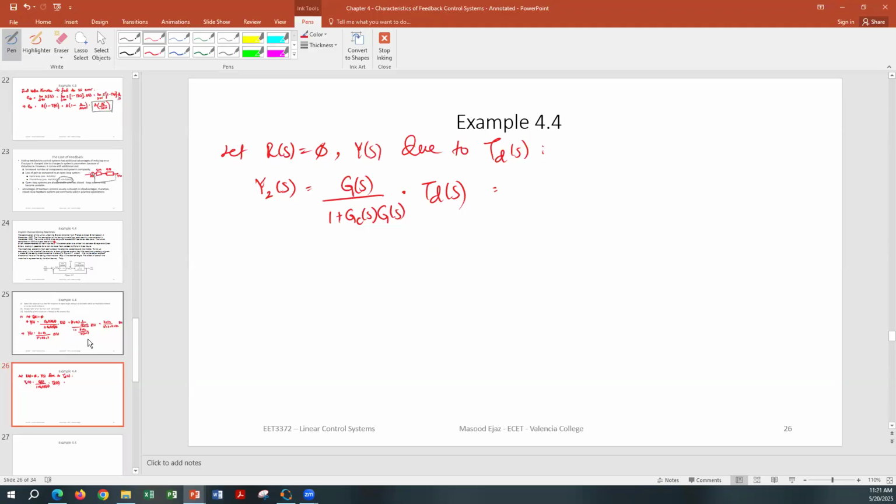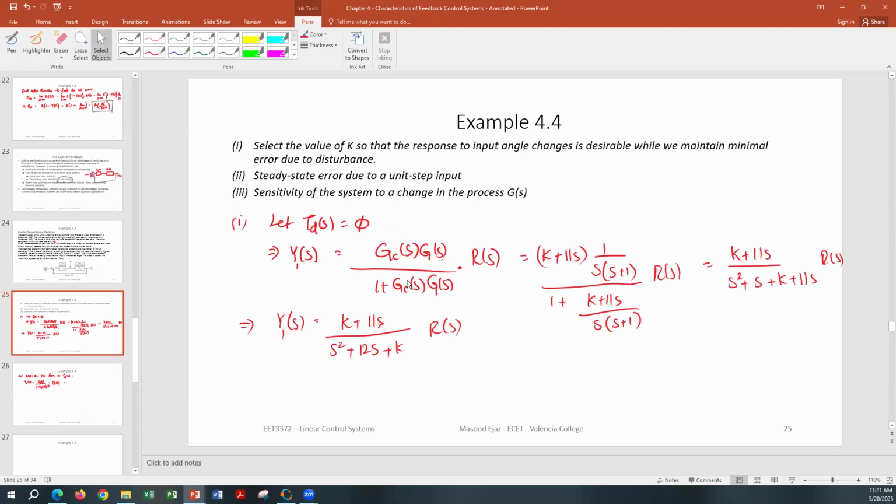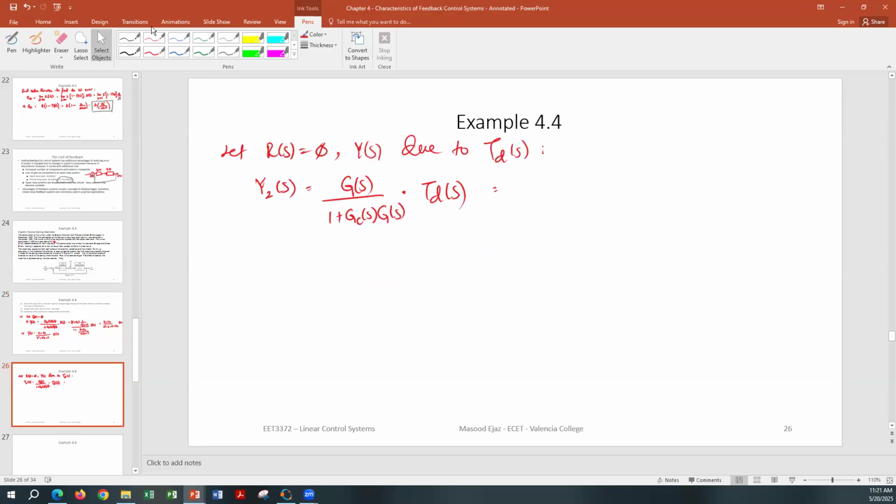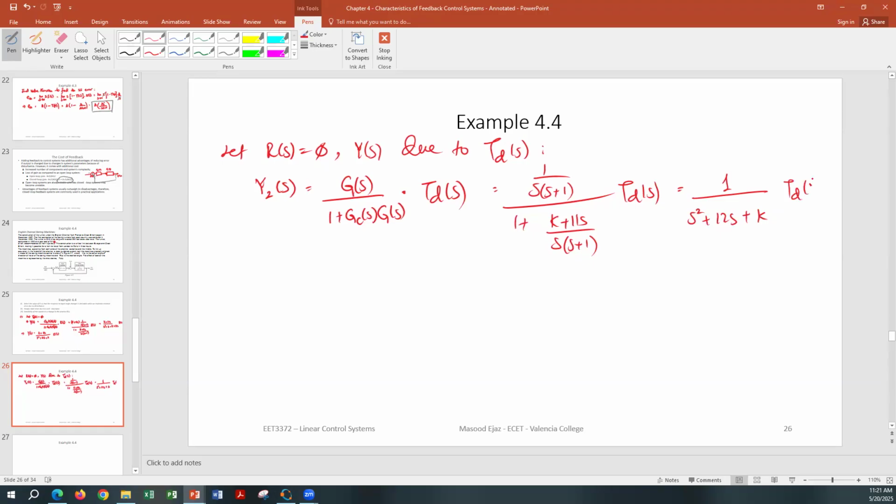And once again, plug in the values. G(s) is 1 over s plus 1 and GC(s) is (K plus 11s) over s. And that will be your output due to the disturbance.